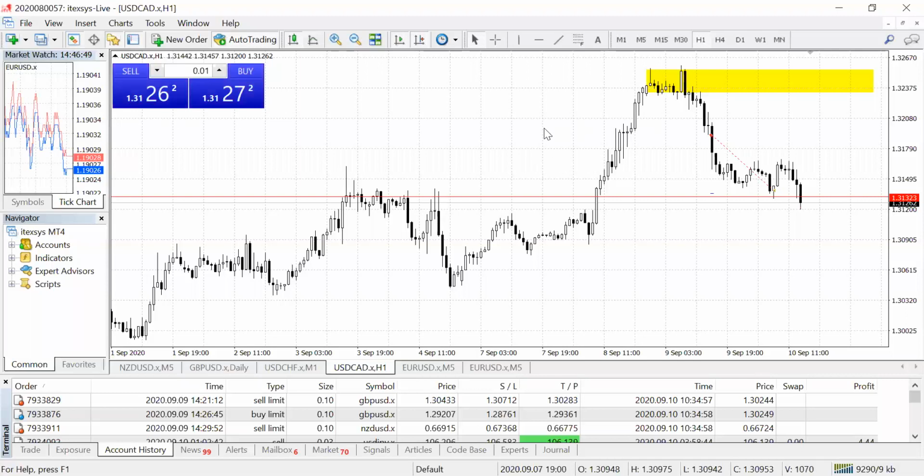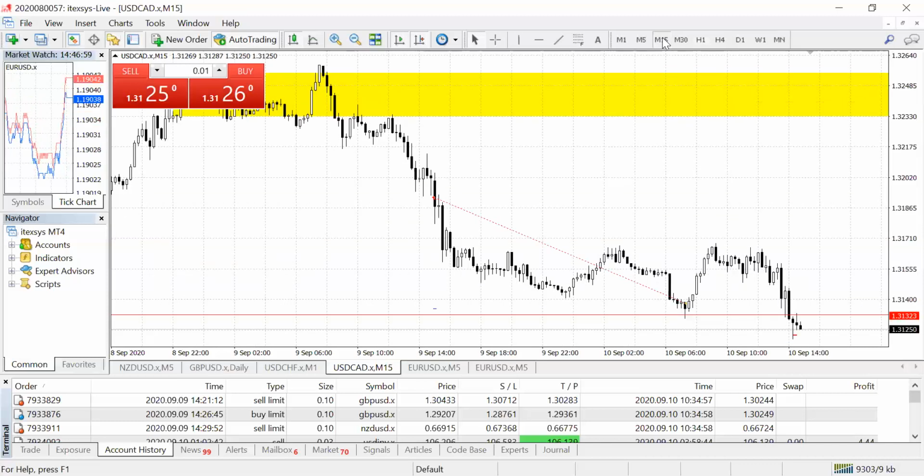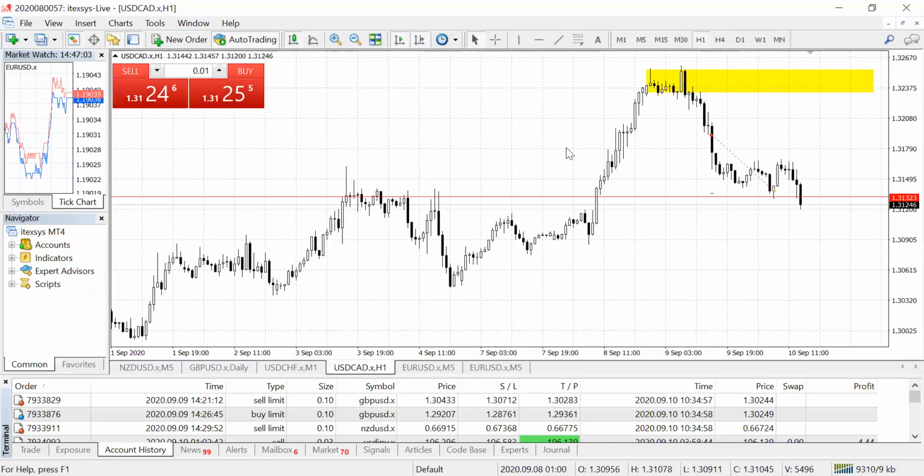It's same patterns, same everything. You just take the trades on larger time frames, maybe 15 minute or hourly time frames.